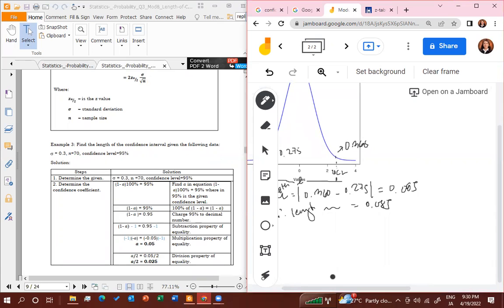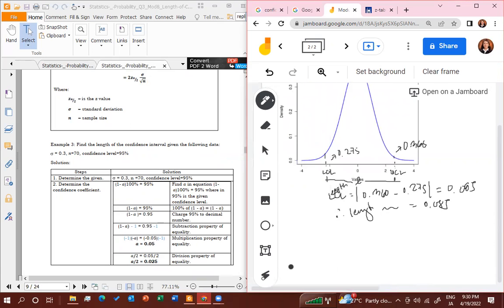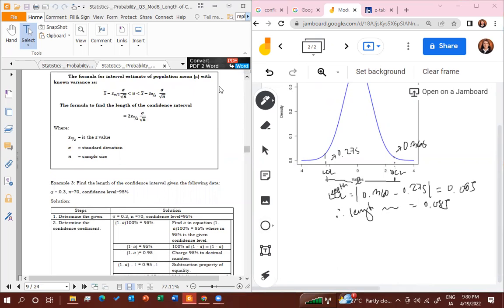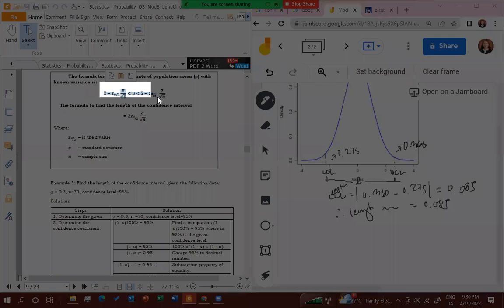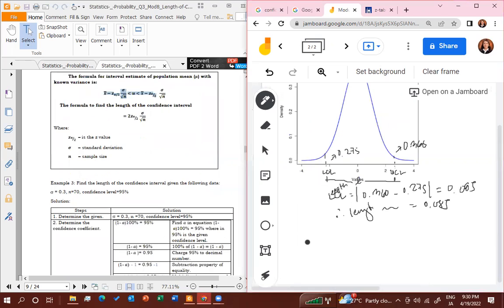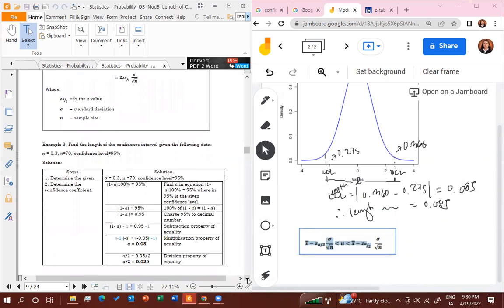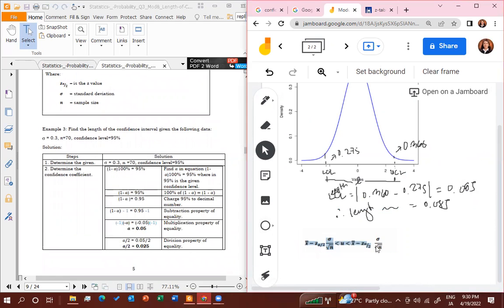Next, let's try to answer this example. Let's take this formula right here. This is the formula we will use in solving for example 3.